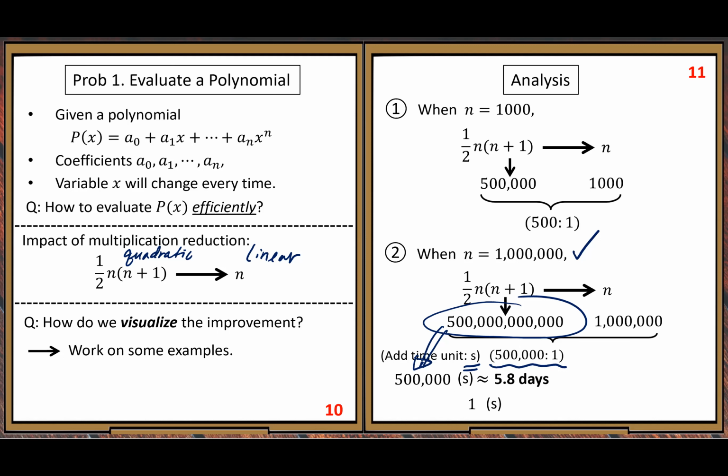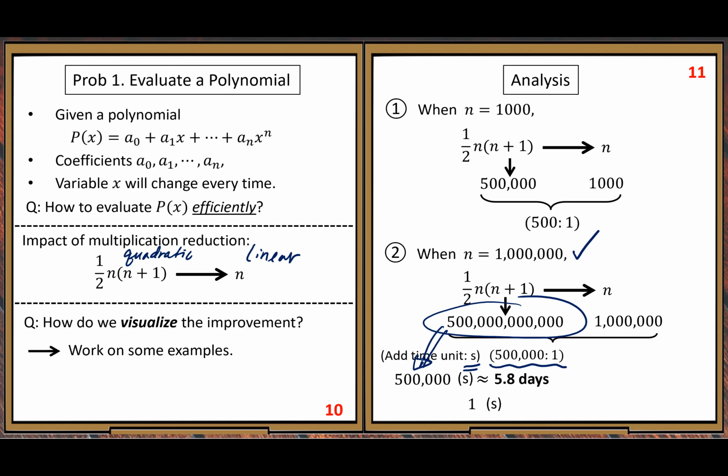The other, the not very good one, after you hit the enter key, you need to wait approximately 5.8 days to get a correct answer. Now you get an idea how big is the impact of a good algorithm.